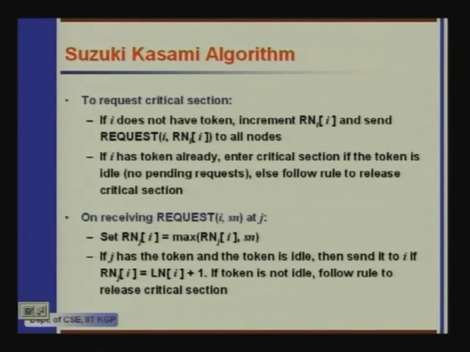So, if it is more by 1, that means there is a request in i which has not yet been served. Then it will send the token to i.